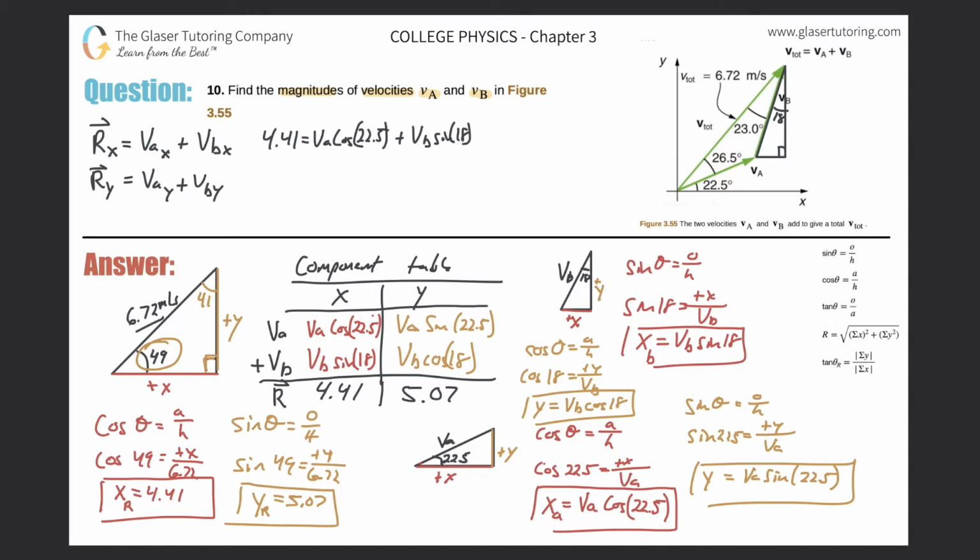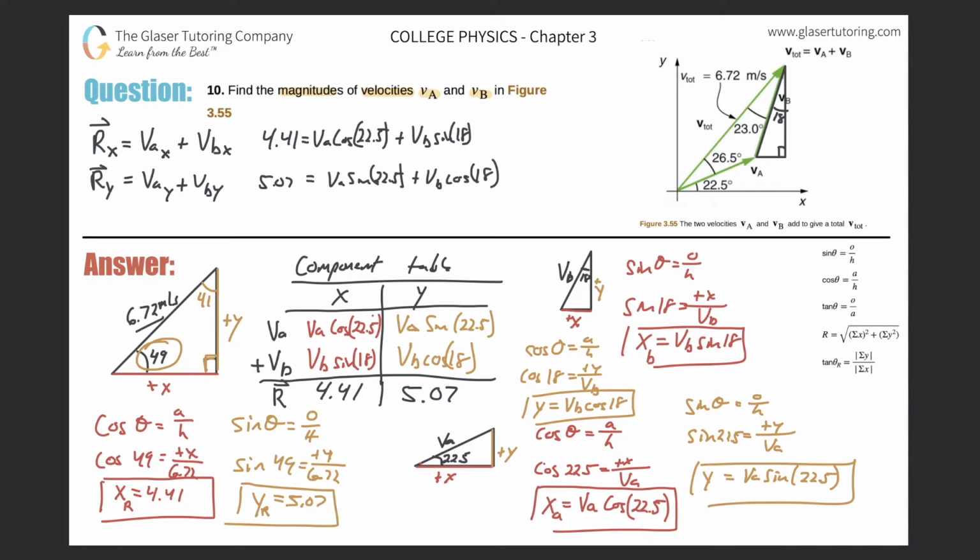Same thing now with the y. I got 5.07 is equal to VA sine, right, of 22.5 plus VB cosine of 18. Let me make that a little neater. Cosine of 18.